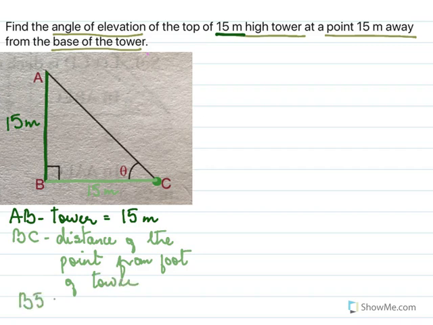And BC equal to 15 meter. Now we need to find the angle of elevation. Now which is the angle of elevation? C is the angle of elevation. This is the horizontal, and here you have the line of sight. So C is the angle of elevation here.